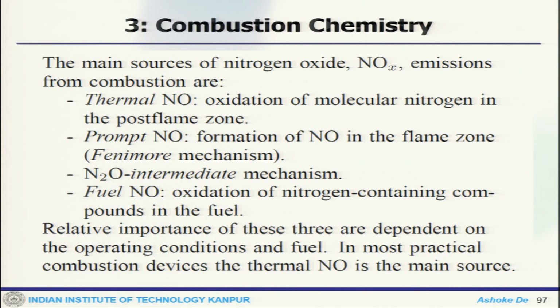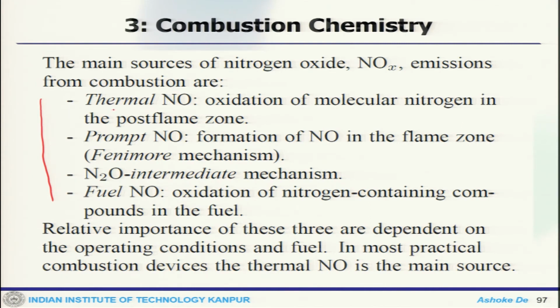Now, as we see, NO forms as a part of your pollutant gas, NOx, from combustion, but there are different mechanisms of NOx formation. As I mentioned earlier, when you are burning a candle, it may not form any NOx, but it will obviously form some CO2 and CO. So, NOx formation has certain regimes; there could be 3 or 4 different kinds of NOx.